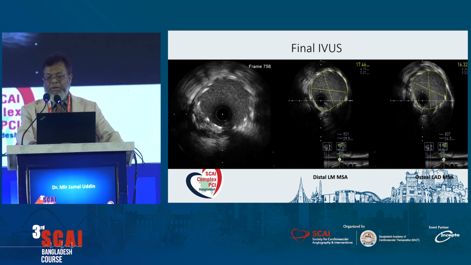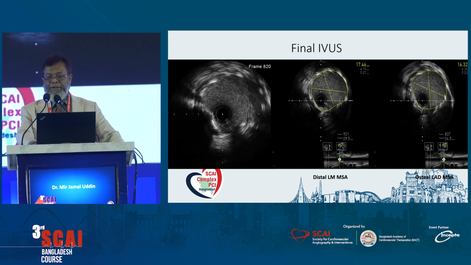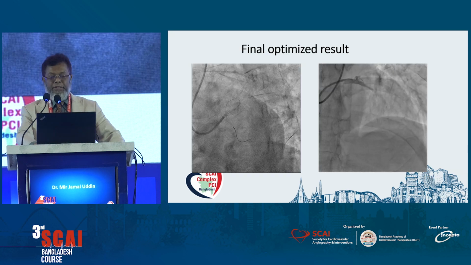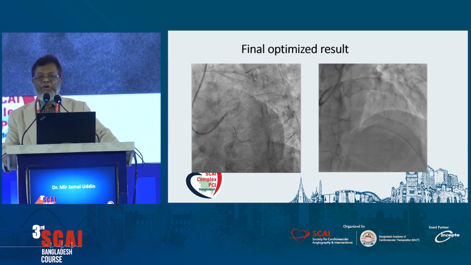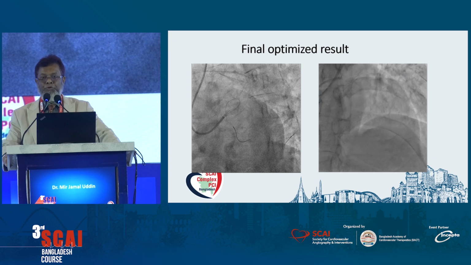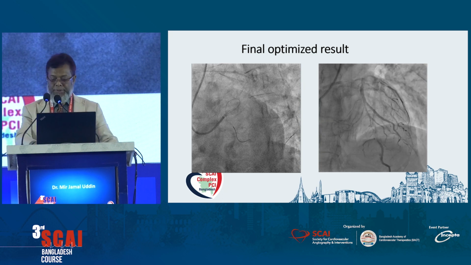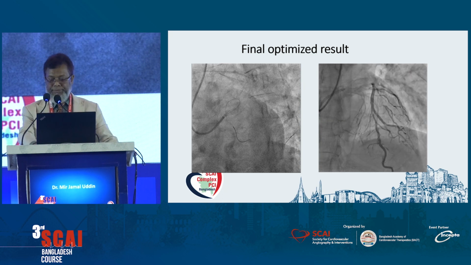These are the MSA, and so we have gained the area that we need, and this is the only one final view. Initial view 4 ml dye, and this right view is another 4 ml dye final view, and this is the final result.